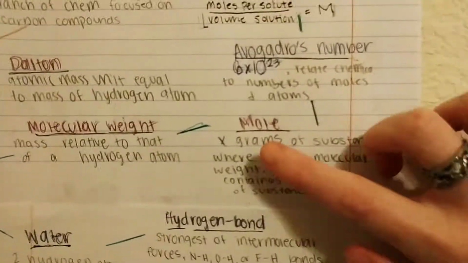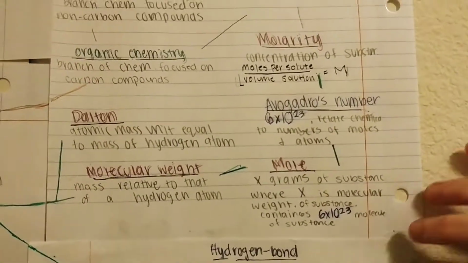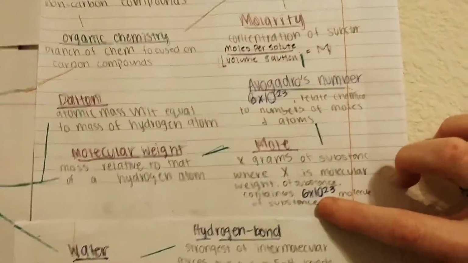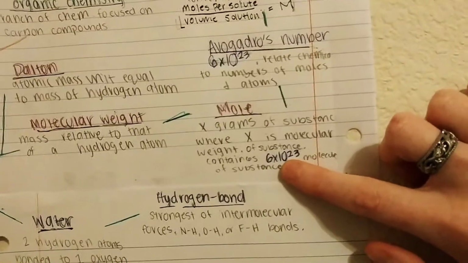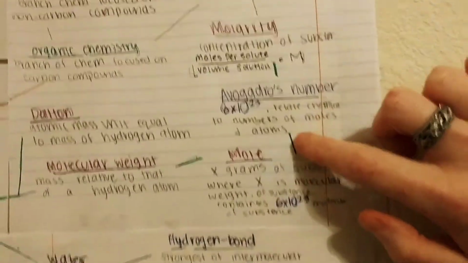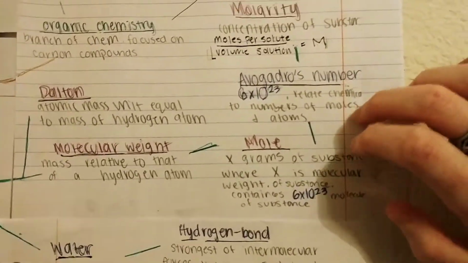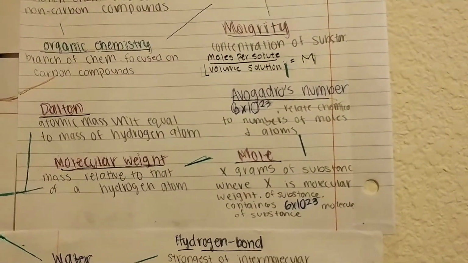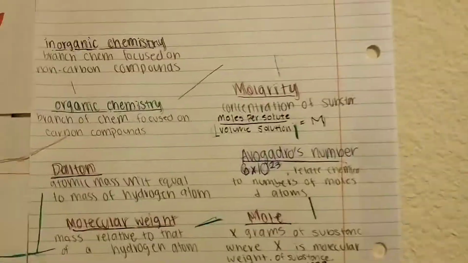Now, that leads into the mole, which is x grams of a substance, where x is the molecular weight of the substance, and contains 6 times 10 to the 23rd molecules of the substance. So that is highlighted because that leads into Avogadro's number, which is 6 times 10 to the 23rd, and allows us to relate chemical numbers of a substance to moles and atoms of a substance, which is molarity.